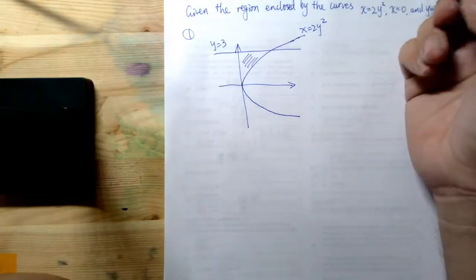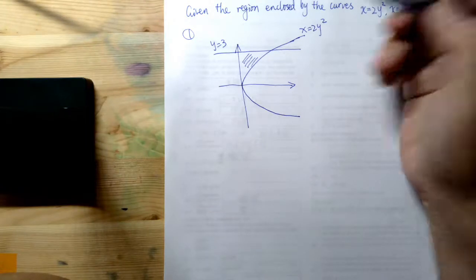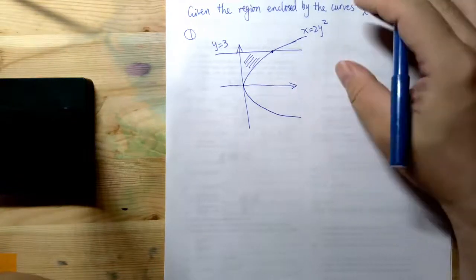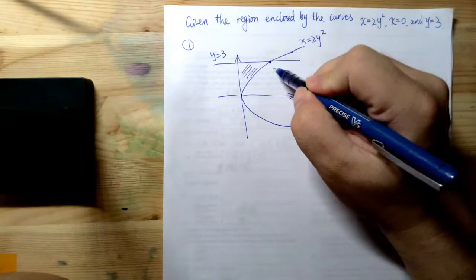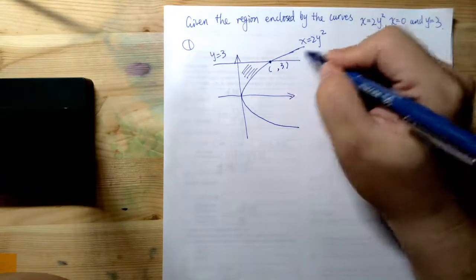Okay, what we can do here is actually solve for the coordinates of this point. We already know the y coordinate is 3, and we need to figure out the x coordinate.